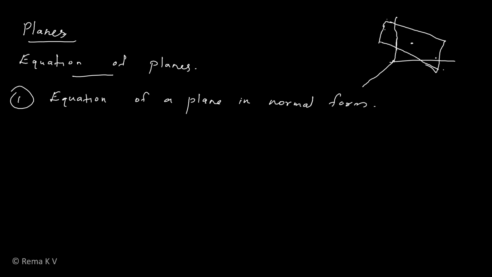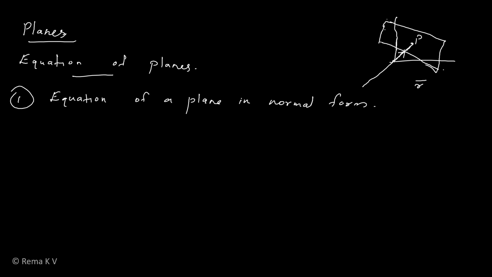This is a plane in space, and here consider any point in this plane and take that as P. The position vector of this point P is taken as vector R.